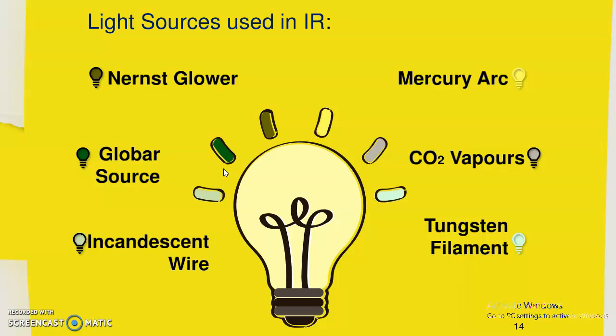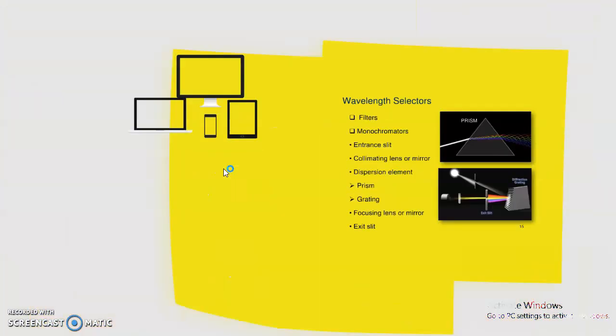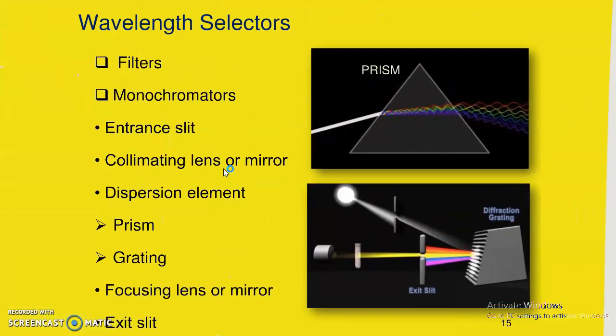Nernst glow bar sources are heated to about 1000 to 2000 Kelvin temperature. They are increasing; the temperature of the source is almost about 1000 to 2000 Kelvin. And they have either a positive temperature coefficient or a negative temperature coefficient, and they help us to give away radiations of the IR region.